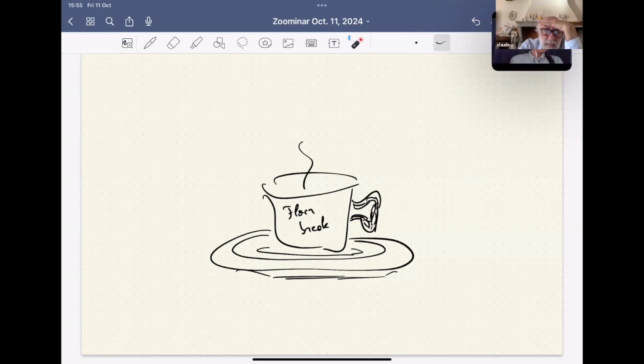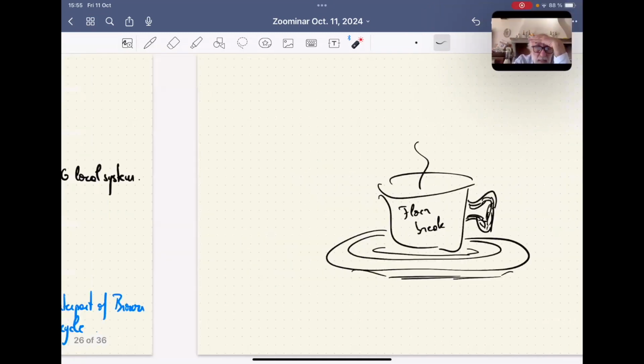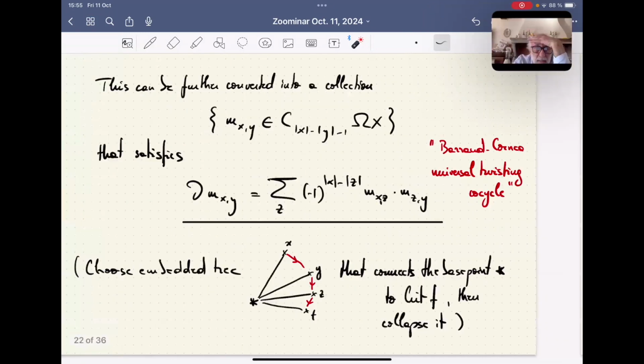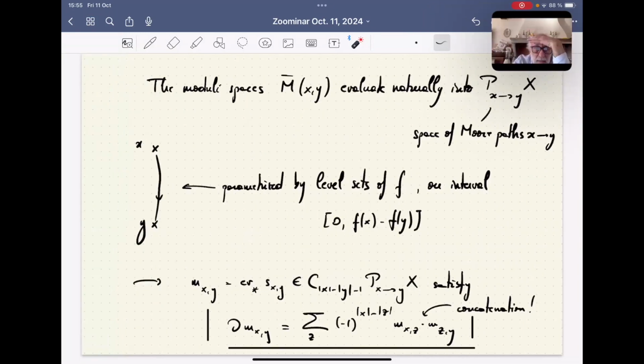Can you maybe repeat how you go from SXY to MXY, please? By just evaluating. These MXYs just evaluate into paths.